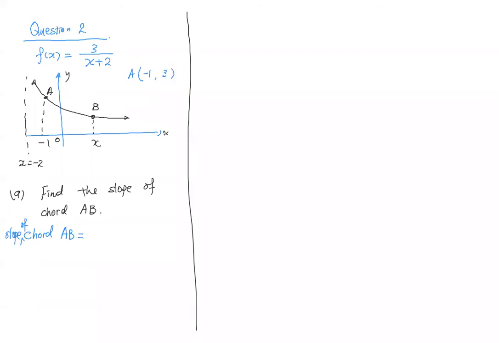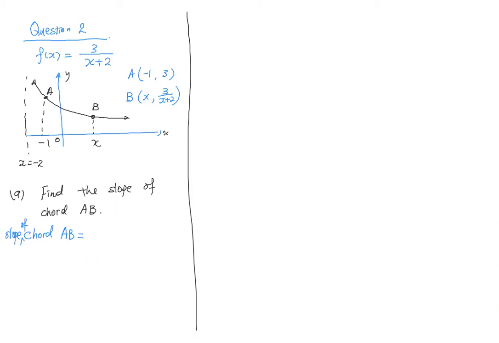Okay, what is the coordinate of point B? The x is x, so the y will be 3 over x plus 2. Are you clear?